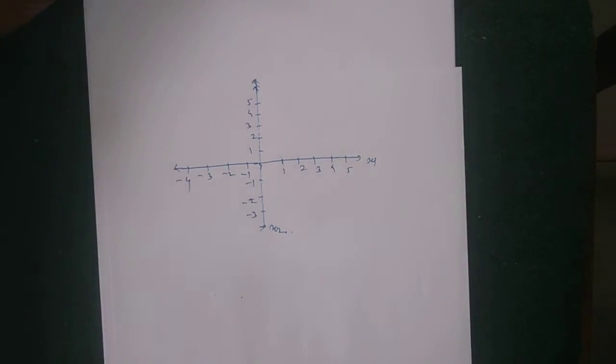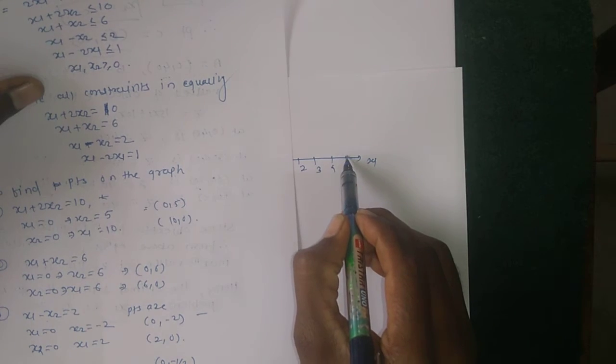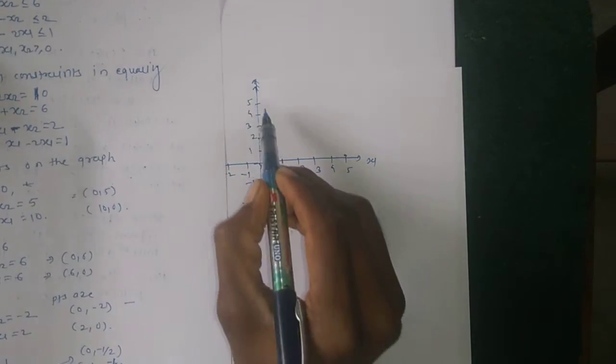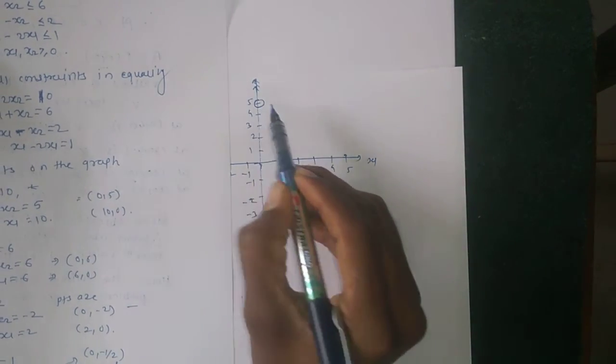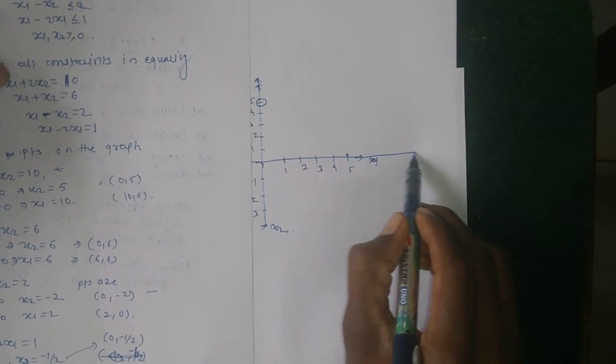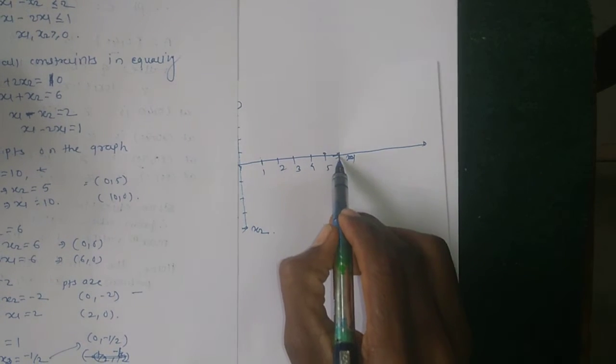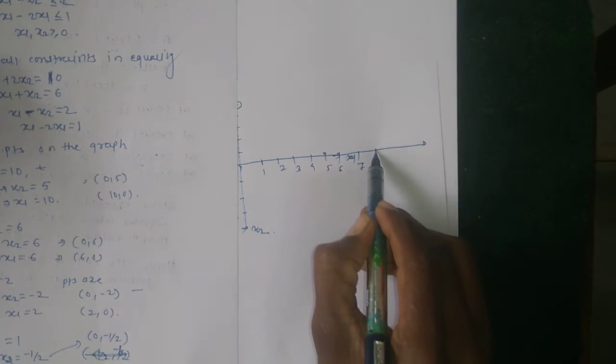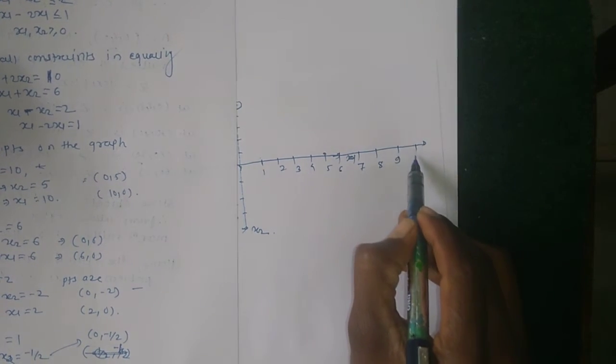Okay, in this way. So first point is 0, 5. Then second point is 10, 0. Extend this: this is 6, here 7, here 8, here 9, here 10.